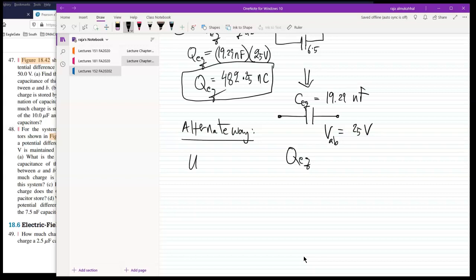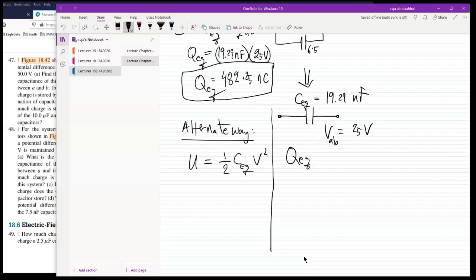I can find the energy stored in the system. The energy stored in the system. Okay? What is that equal to? Well, it is equal to 1/2 C equivalent V squared, right?